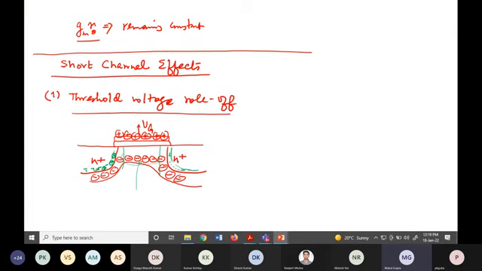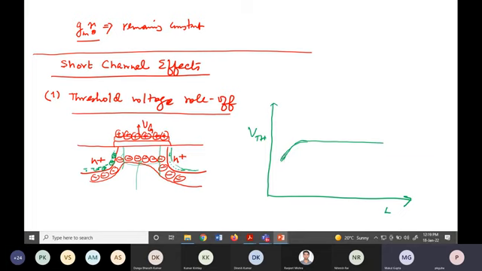So if we plot VTH over L, the threshold voltage remains fixed, but as we go lower and lower in channel length, there will be roll off of threshold voltage. In other words, threshold voltage is going to decrease. So that's one short channel effect.